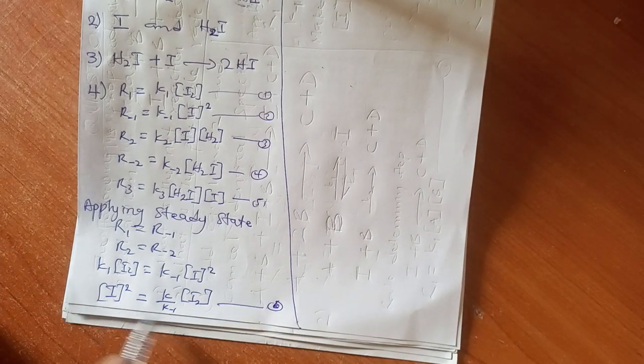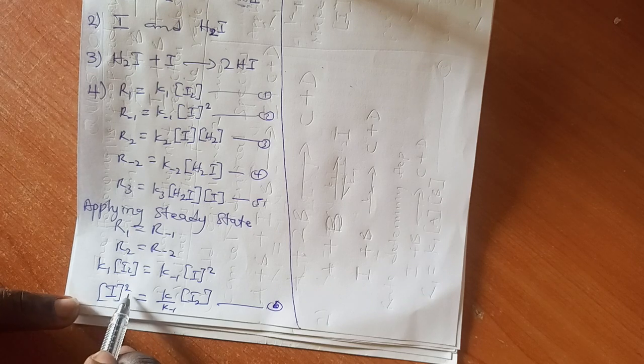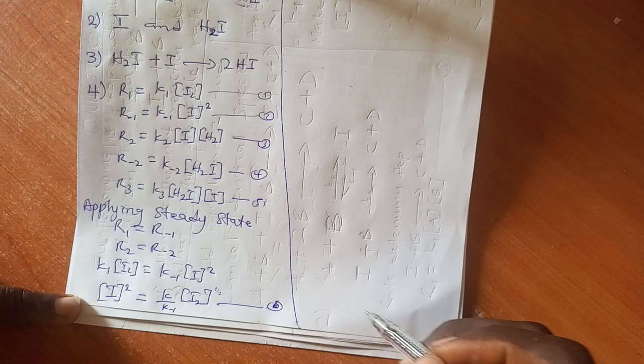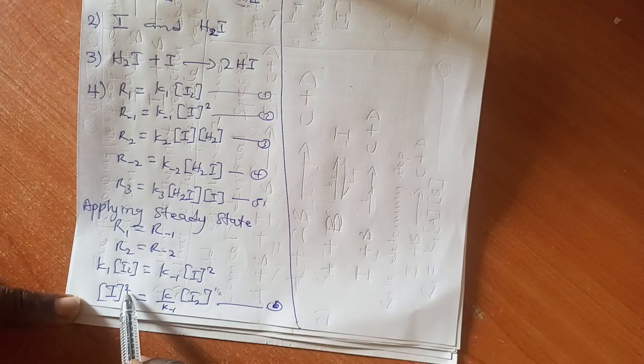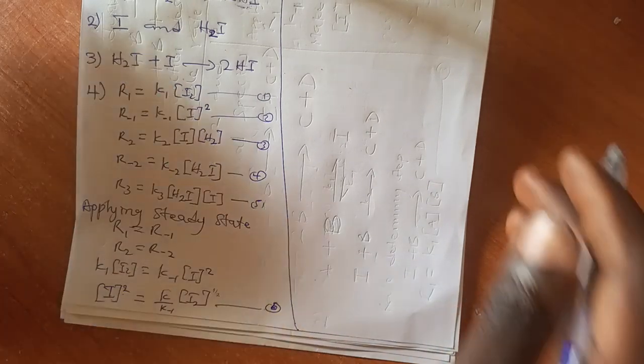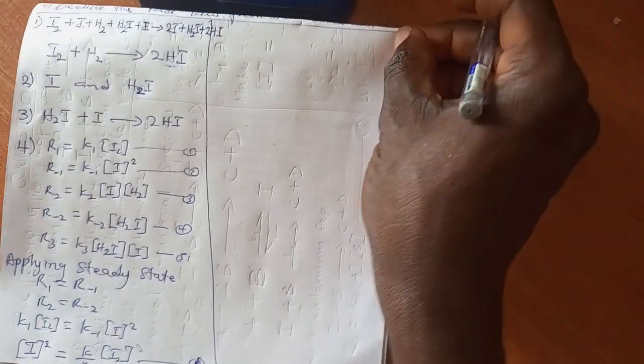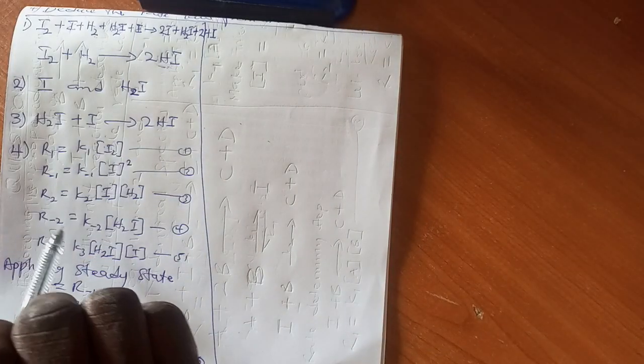I want to leave it like this, because if I remove the square, this one will turn to 1 over 2, and it does not affect the rate constant. But let's leave it like this first and solve further and see if there will be need for me to remove the 2. Then now I've done for that, so I will do for this.